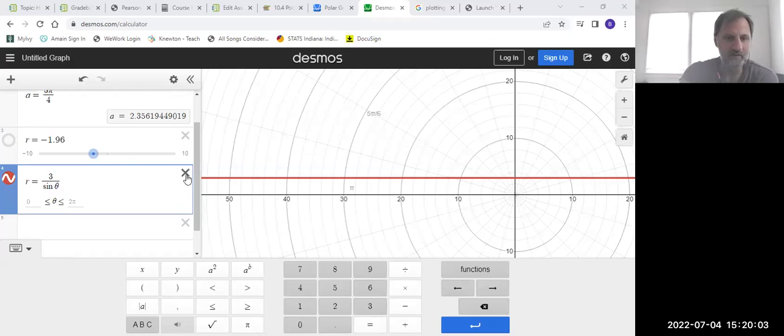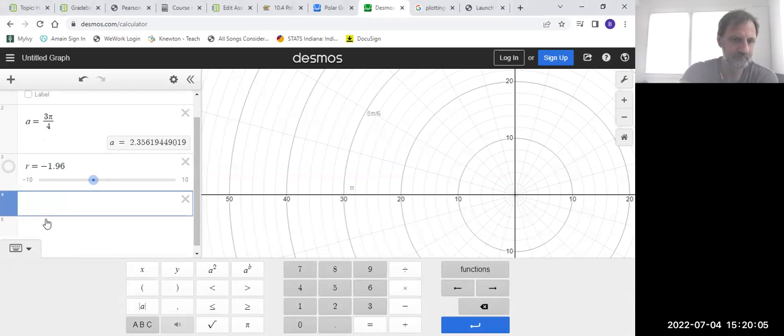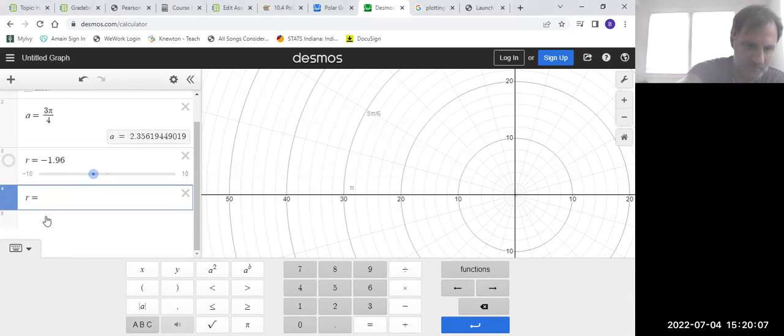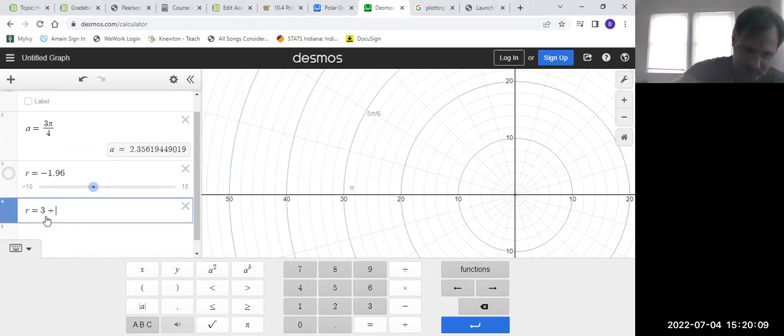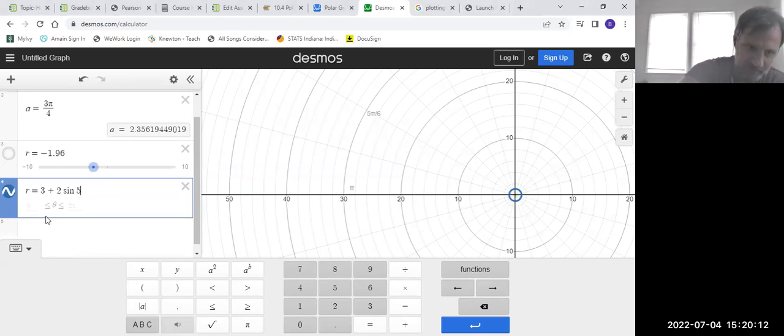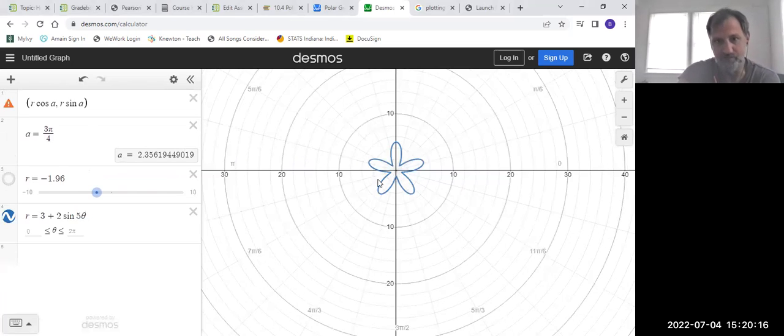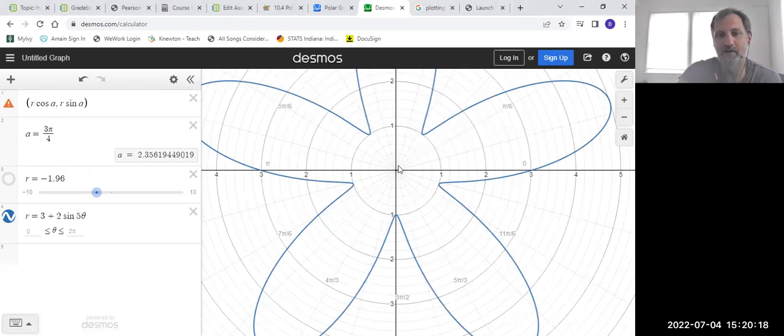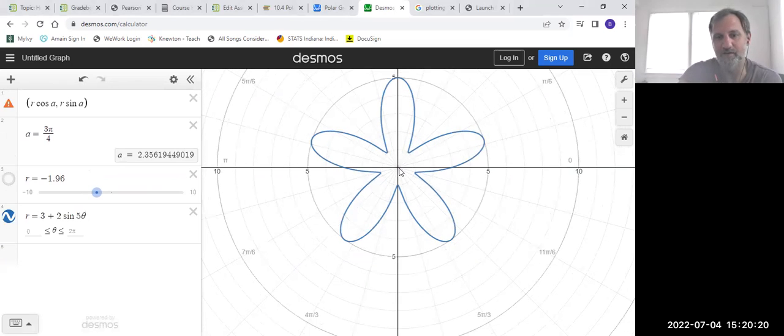let's look at r equals 3 plus 2 sine 5 theta. So there's a polar graph. And it's a little hard to imagine the y equals format of this.